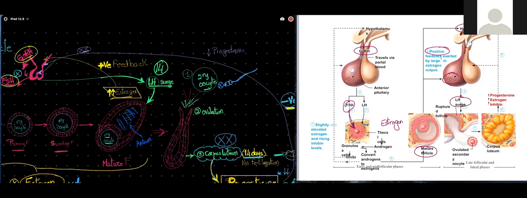This is what we call the LH surge. And this LH surge is going to be enhancing the ovulation to take place. The ruptured follicles, those granulosa cells, will be forming the corpus luteum that will release the progesterone that has a negative feedback on the pituitary gland and the hypothalamus.